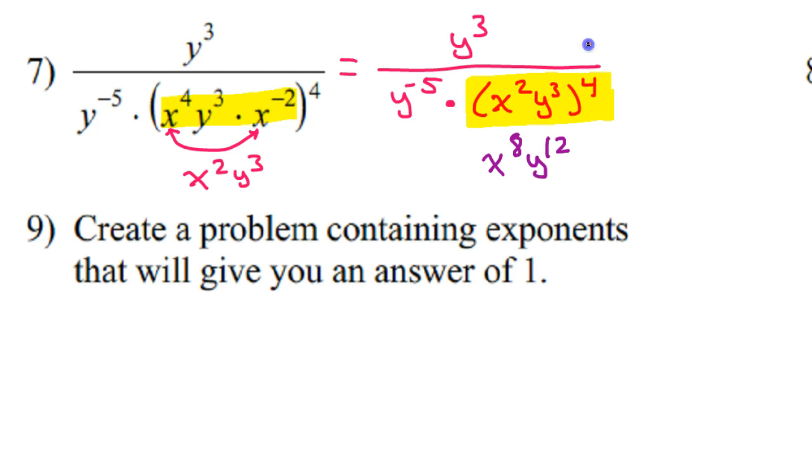So if I were to recopy this, I would have y to the 3rd power, that's been the same throughout, and now I have y to the negative 5th power times x to the 8th power, y to the 12th power.